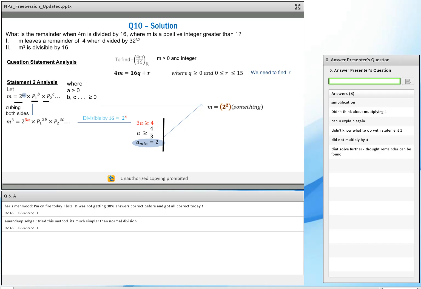Essentially, what you would get is that m is 2 square times something, which means 4m is 4 times 2 square times something, or 4m is 16 times something, which means the remainder when you divide 4m by 16 is 0. Okay, which means statement 2 is sufficient as well, which means choice D is your correct answer, where either statement is sufficient.